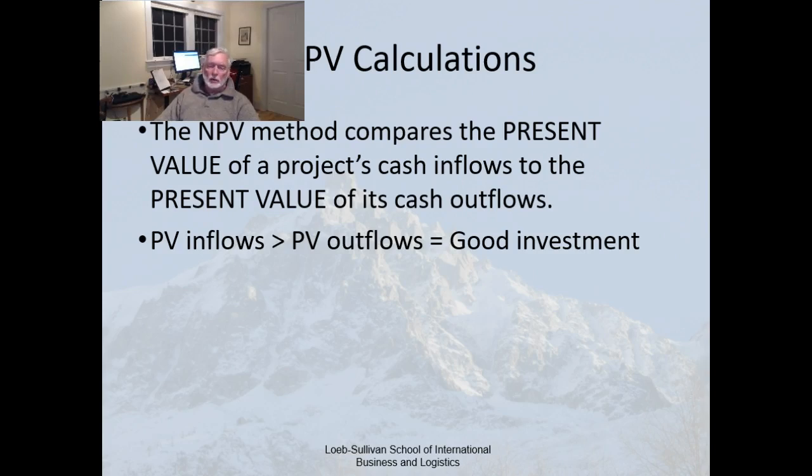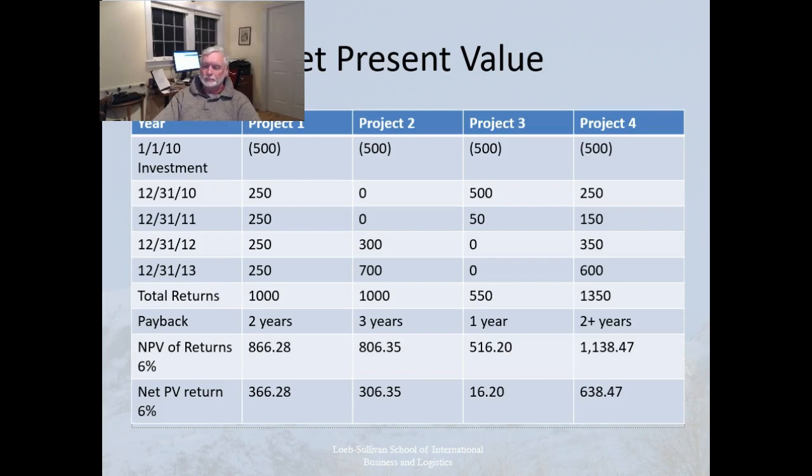So by the same token, $1 that I receive at the end of next year is only worth 94% or 6% less today. So by discounting the cash flows back to today's dollars, we're able to compare today's investment with future cash flows denominated in today's value.